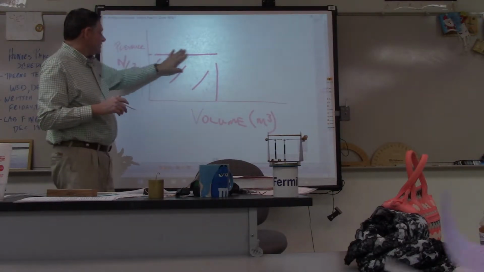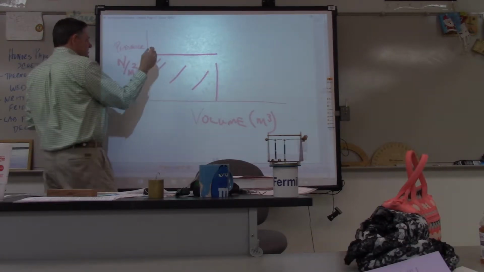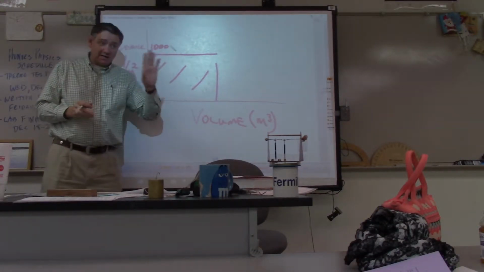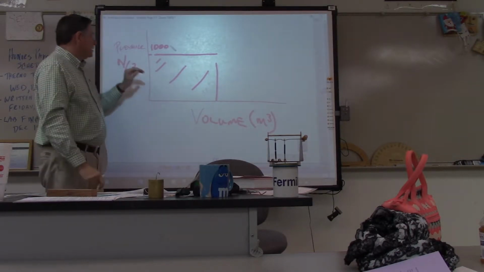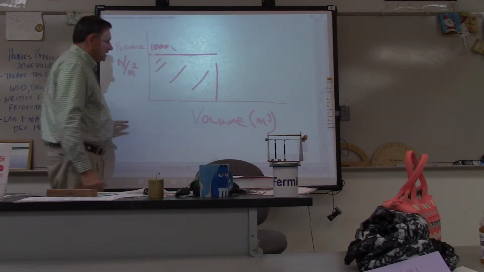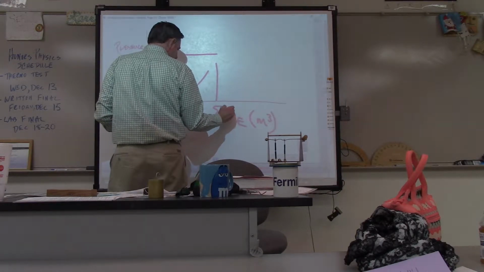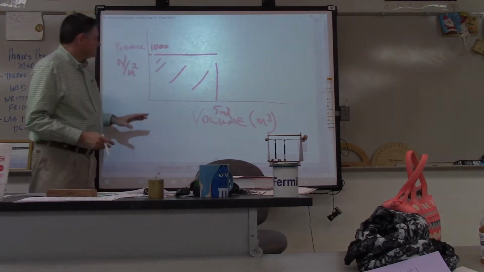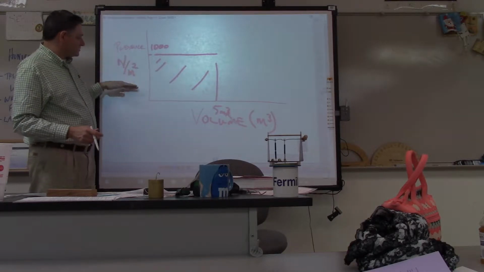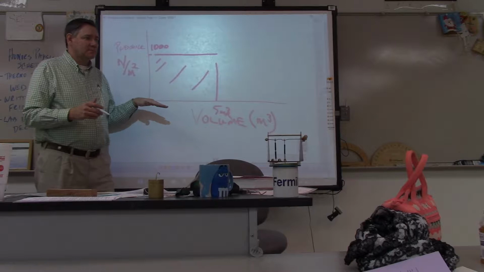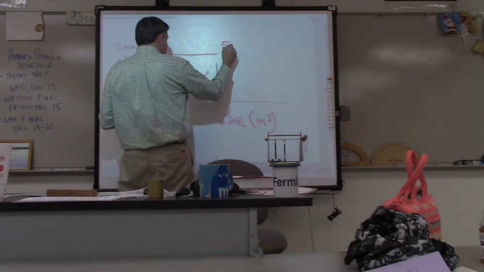So let's say, just to make up a number, this is 1,000. I'm going to change the scale in just a second. This is just to give us an idea. So this is 1,000, and let's say this volume is 5 cubic meters. So if I take 1,000 newtons per square meter times 5 cubic meters, what do I get? Well, I get 5,000.